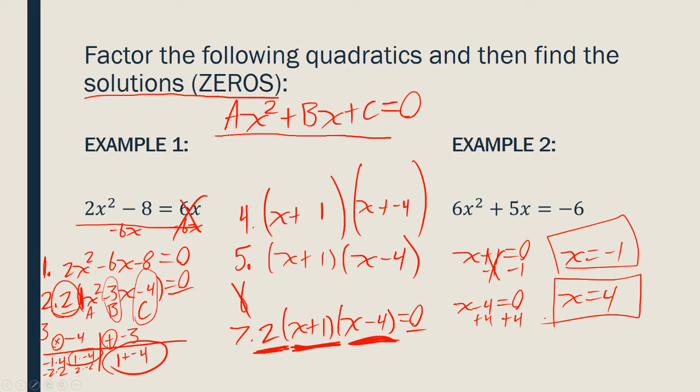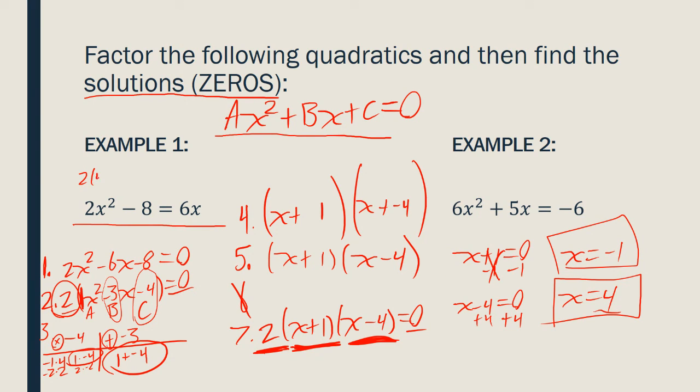If I wanted to double check that I did that correctly, I'm going to go back to my original equation, 2x squared minus 8 equals 6x. I'm going to plug both of these answers in and see if the left side of the equation is actually equal to the right side. So let's plug in x equals 4 first.